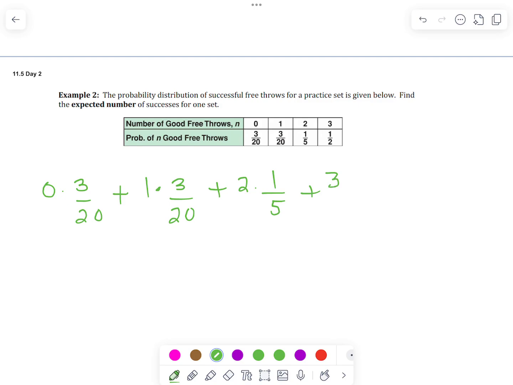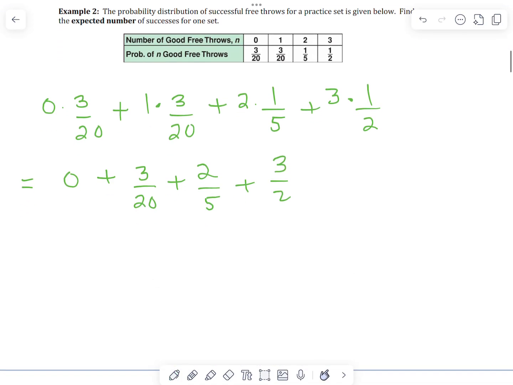And then 3 free throws is about 50%. And then what you would do is multiply those fractions together. So you're going to get 0, and then 3/20 plus 2/5 plus 3/2.